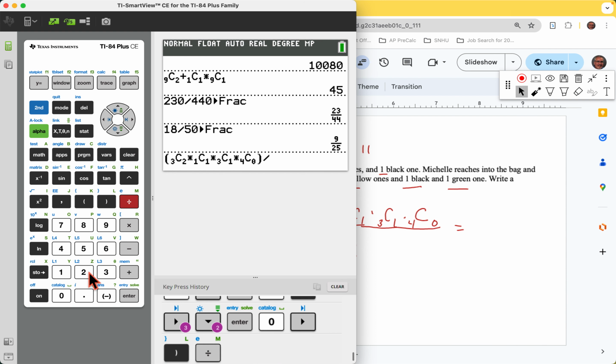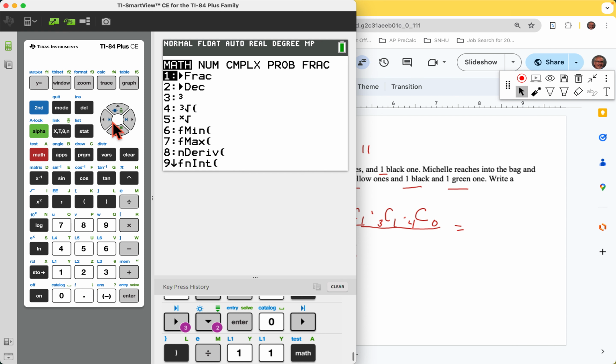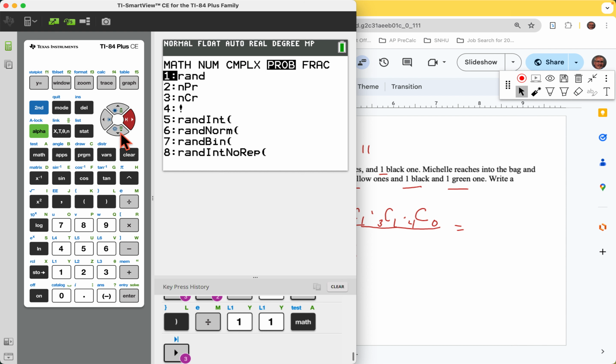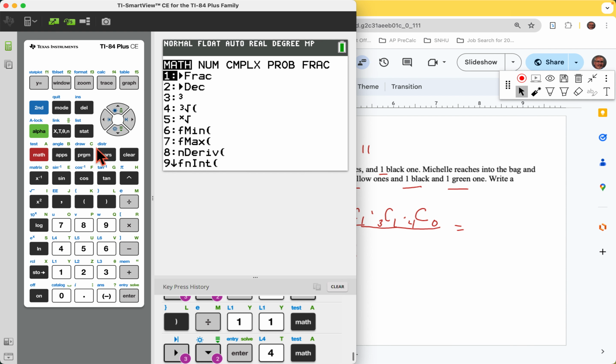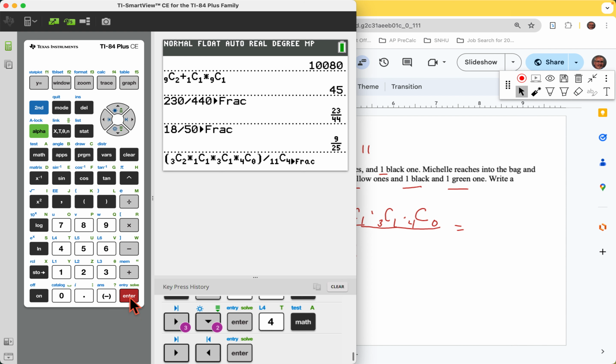We're going to divide by the total, which was, there's 11, we're going to choose 4 of them. So that's the total ways to do it. And then we're going to go math, fraction, so that it gives us our answer as a fraction.